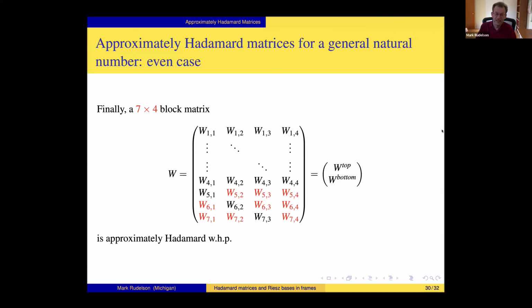Second, I believe that the complex problem should be much easier because instead of matrices whose entries take only values plus or minus one, we can take all values of absolute value 1, and there is much bigger freedom in it, in particular in using Fourier analysis.